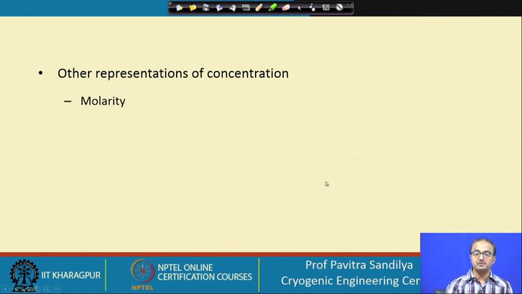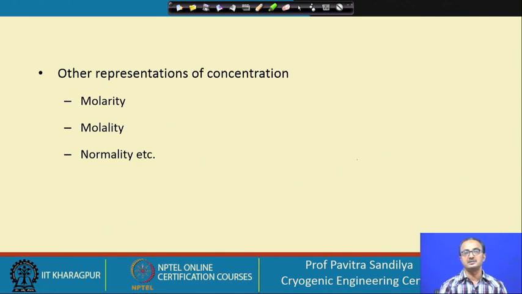There may be other representations of concentration like molarity, molality, normality, etc., which I shall not be mentioning in this, but as and when the cases come up, we shall be talking about these types of units.